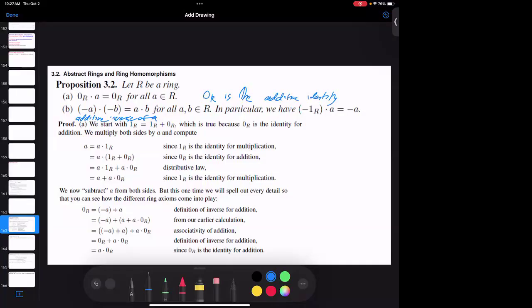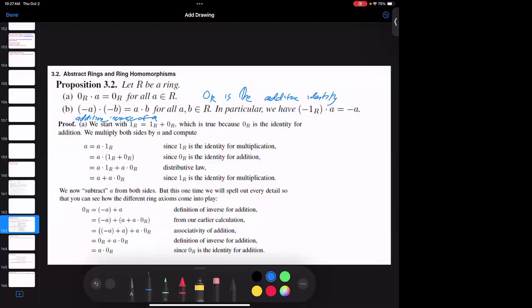All right, so the proof is pretty standard. We start with 1R equals 1R plus 0R. So rather than constantly saying R, I'm going to just say 1 and 0. The ring is understood here. So we start with 1 equals 1 plus 0. Why is this true? It's true because 0 is the additive identity. And so again, when we're trying to prove things, what do we have in play?